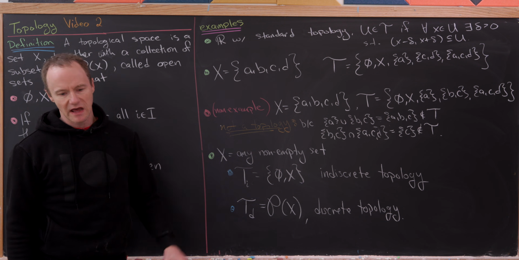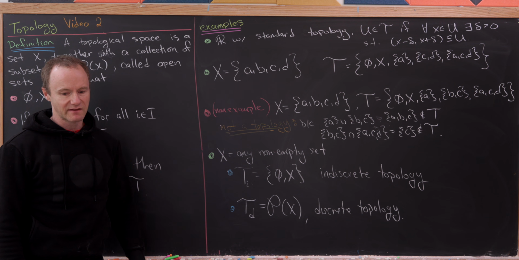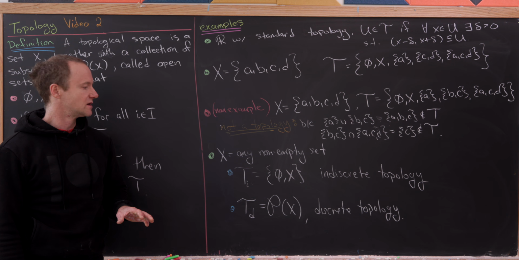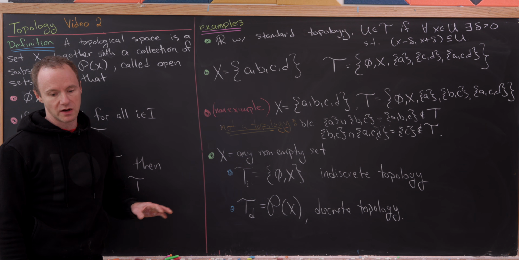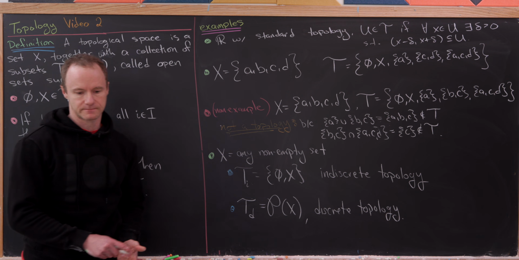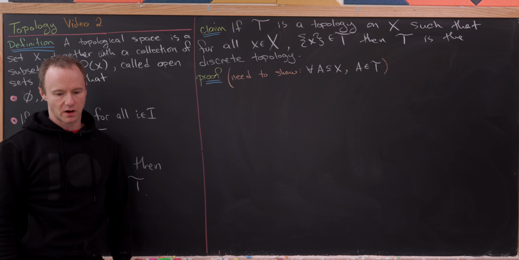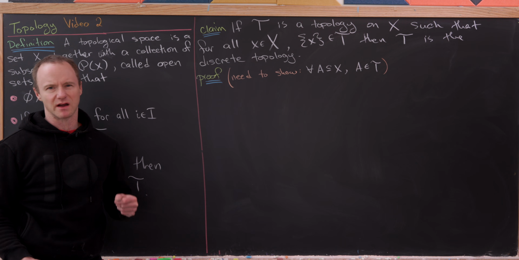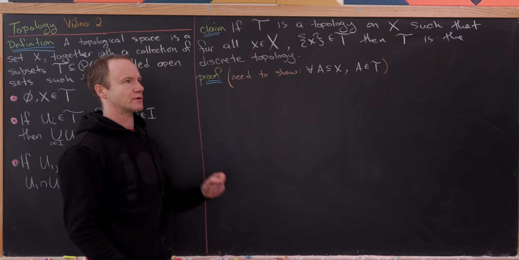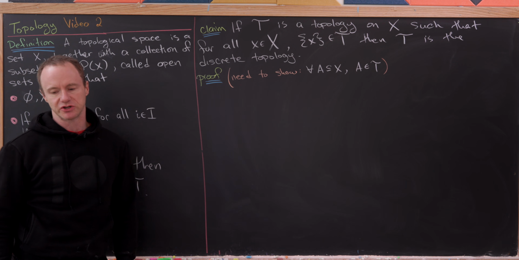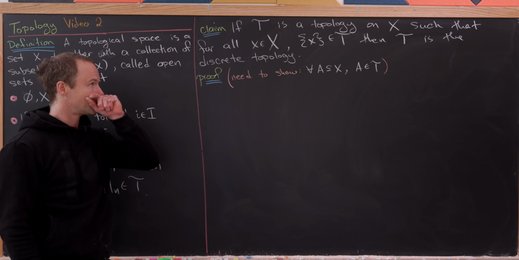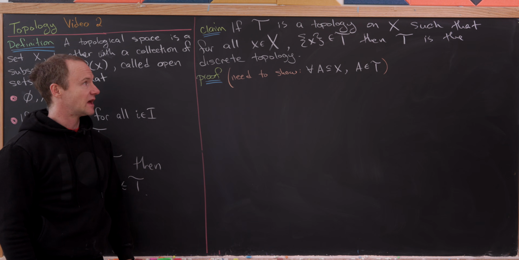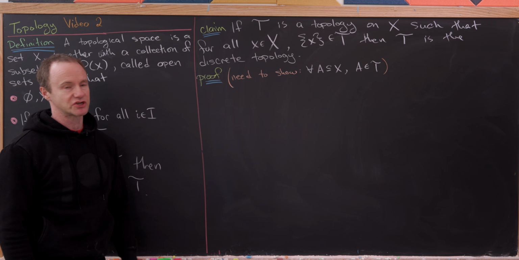Okay, so now that we've got these examples, what I'd like to do is prove a quick result regarding the discrete topology. This can really be seen as a model for how to do some homework exercises, or just an illumination into a trick that we might use from time to time. So let's say we've got a topology T on a set X, and it satisfies the following condition.